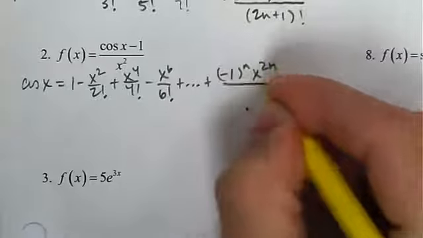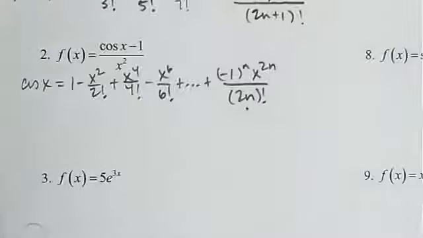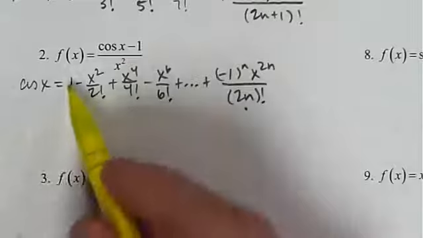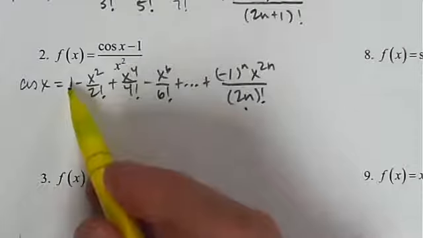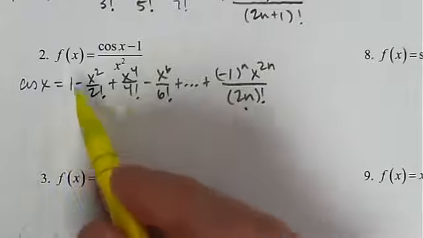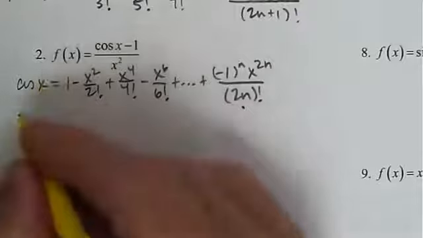It's got even powers and even factorial numbers in the denominator. Okay, so cosine x minus 1 would be what I would get if I just subtracted 1 and lost this thing. So cosine x minus 1 is going to be everything but this. And then if I divide by x squared, then I'll distribute in a 1 over x squared to all the terms.